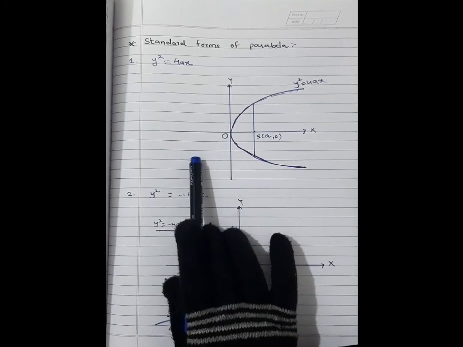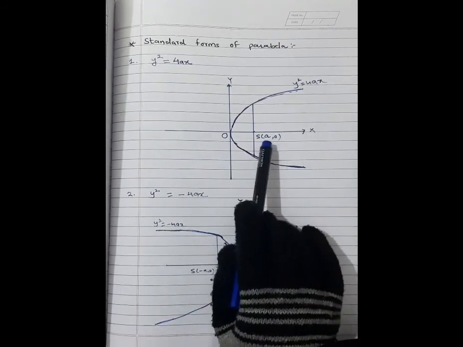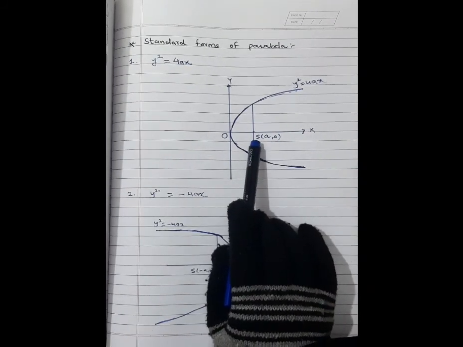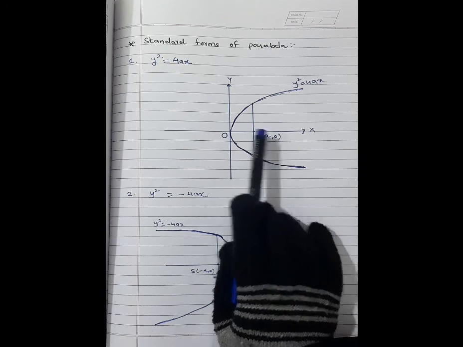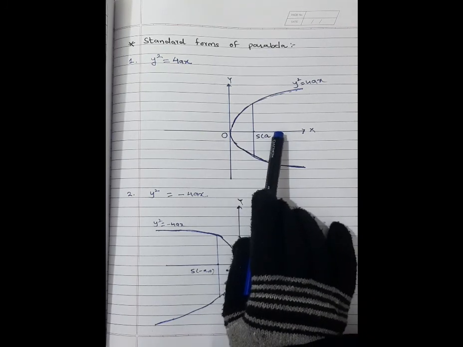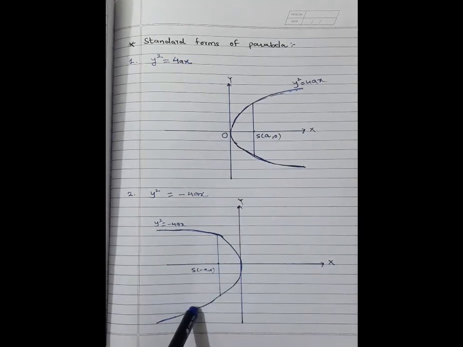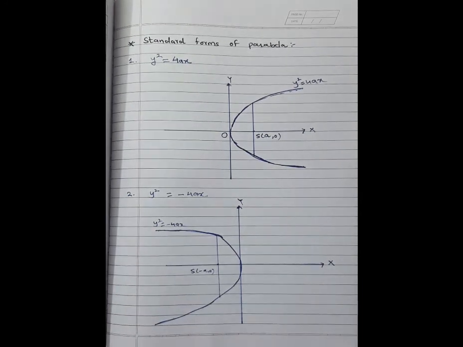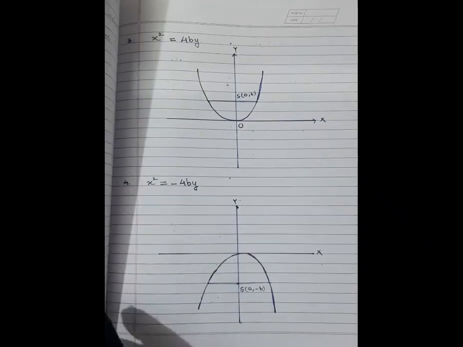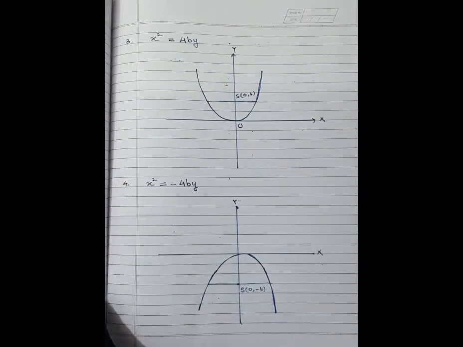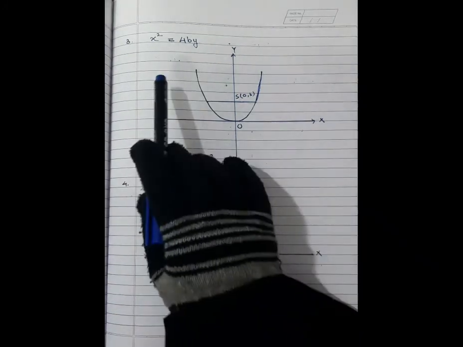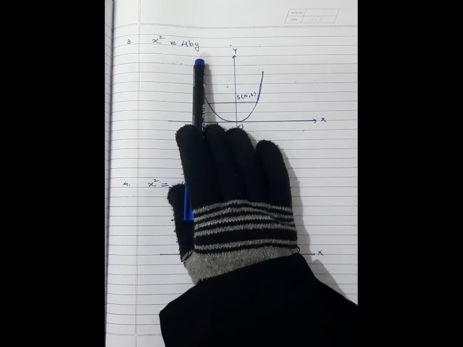In the first equation there is a positive point S, a comma 0, meaning x is equal to a. Here x is equal to minus a. So, students, these are two types of parabola. Next we'll see the next type. Next, the third one, x square is equal to 4by.